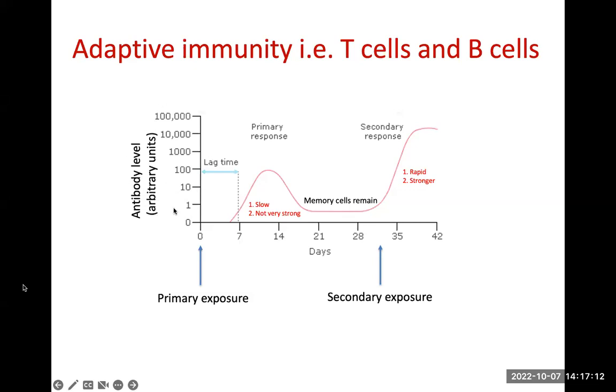So we can use antibodies as a proxy measure of the B cell response in a person. So once you get exposed to the pathogen like SARS-CoV-2, there'll be a lag period before your B cells get activated and start producing antibodies.